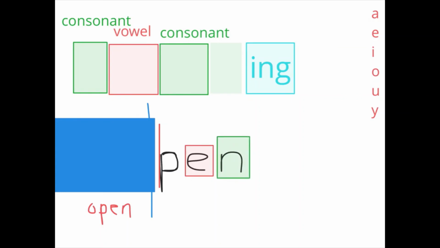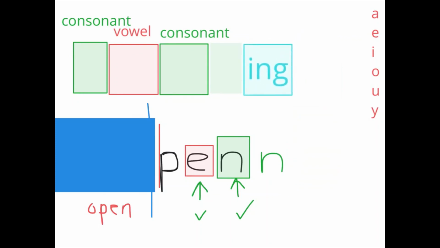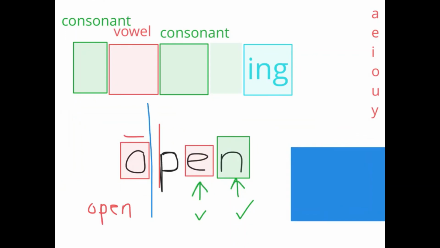Okay, so we check those out and we say, all right, just one letter, check. Just one letter, check. So far so good. Should we double the N and then add ing? Well, wait a minute. This word has more than one syllable, so there's one more thing we need to check. We need to say the word and think about which syllable do we accent or stress or say stronger. I'm going to move this out of the way.